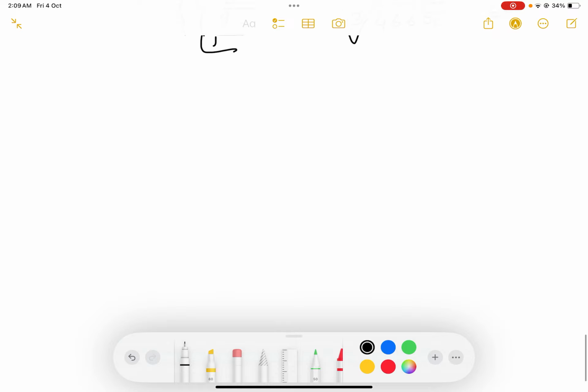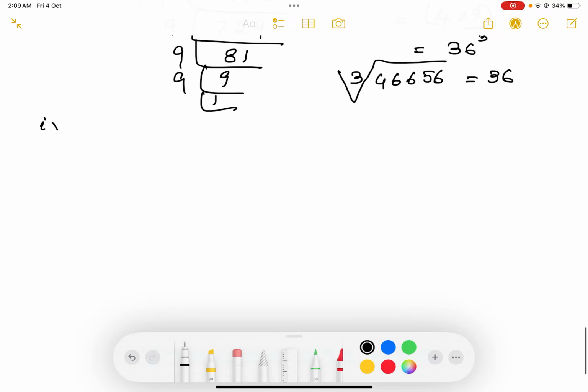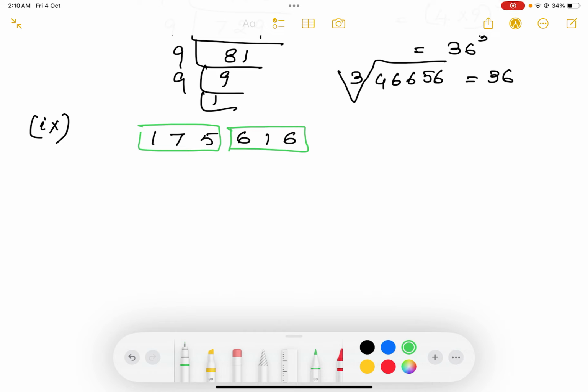Now let us see the 9th problem, the 9th bit in the second question. In the first question, 175,616. Again, let us guess first of all. The last three digits are one group, and the other group is this.